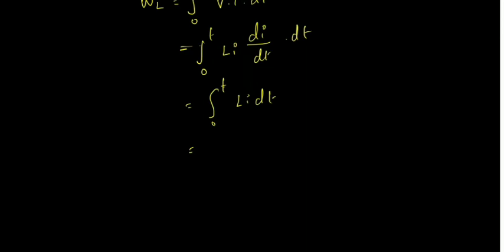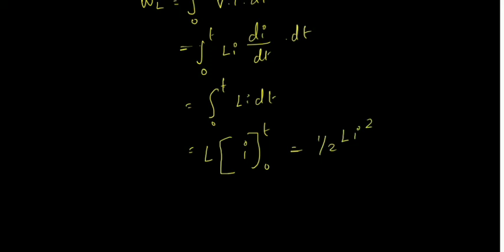Taking L outside, because as mentioned earlier it is a proportionality constant, if you integrate this, I with limits 0 to t gives I squared by 2.